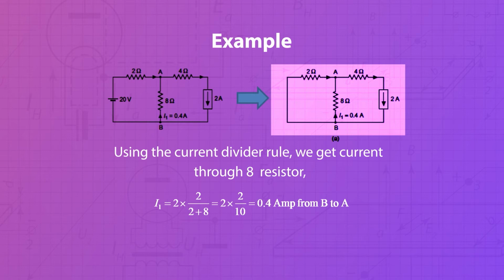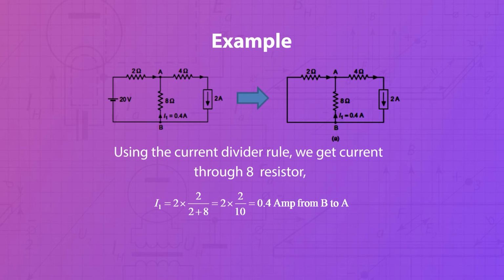So here you can see, now you have to calculate current in branch AB which has resistance 8 ohm. So current through 8 ohm can be calculated with the help of the current division rule. When you apply the current division rule, it can be written as I1 is equal to 2, that is the total 2 ampere current flowing due to the current source, multiplied by the resistance of the opposite branch which has 2 ohm resistance, then divided by the summation of the resistance of the two branches, which are 2 ohm and 8 ohm.